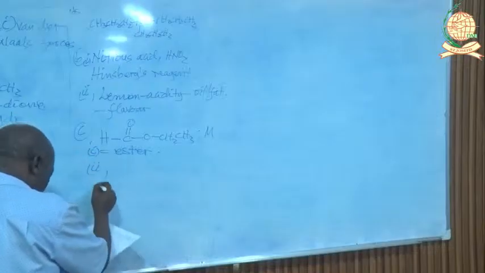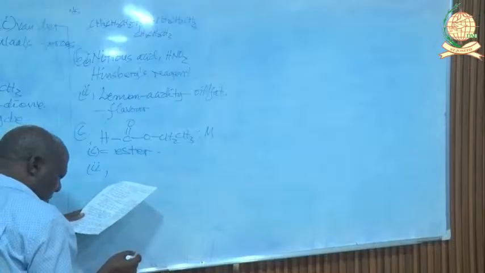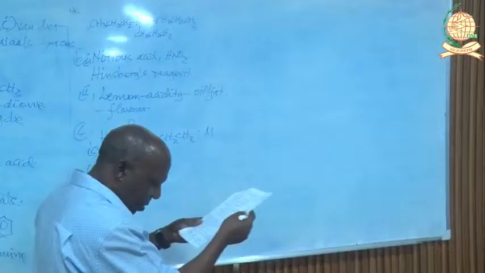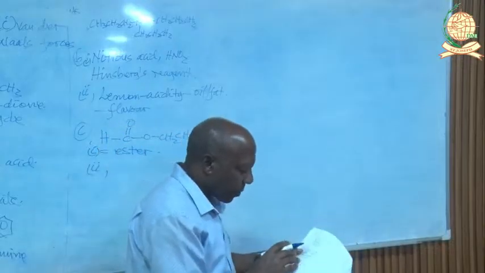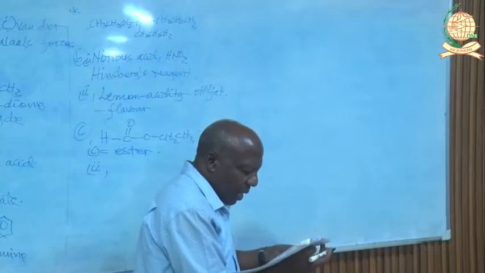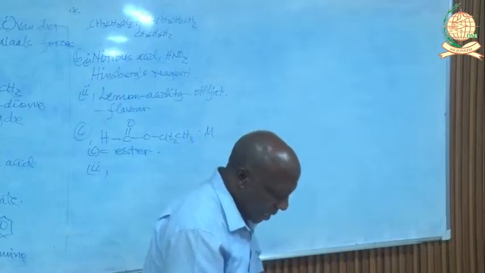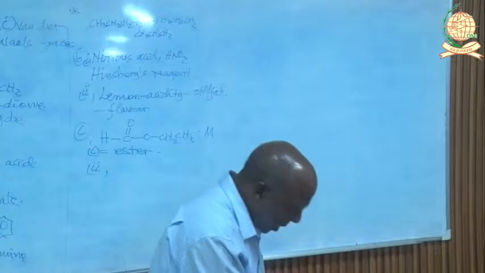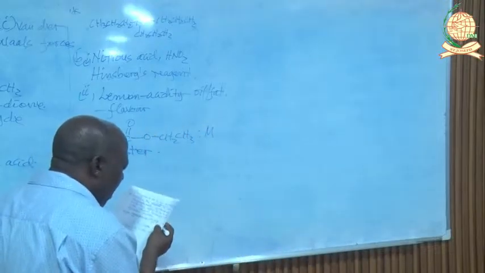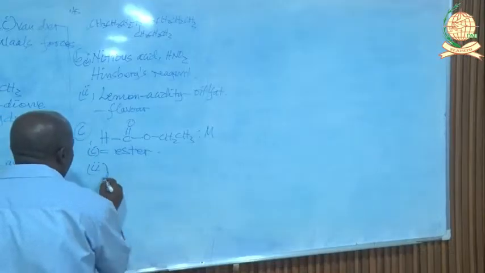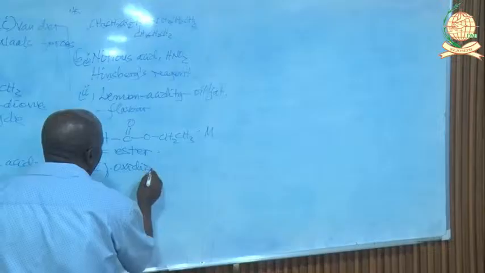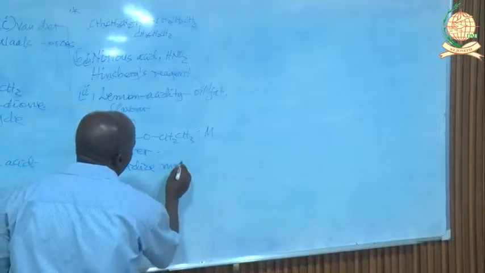Then Roman 2 says, how would you synthesize compound M from ethanol, methanol, and any other reagents. So first step, oxidize methanol.